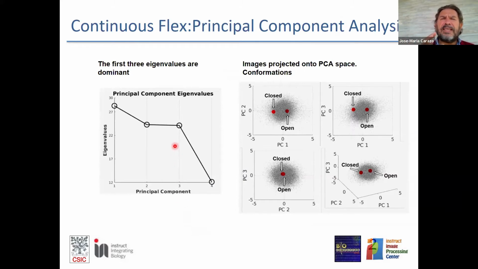Principal component analysis is a way to find directions of variability in my data set, finding those structural changes that really tell me more about the variance in the 3D map. By this analysis, we could conclude that there were three multidimensional axes of variance, and when we see how the different conformations occur along these three axes, we see that they are very isotropic. We don't have any suggestion that we have classes.